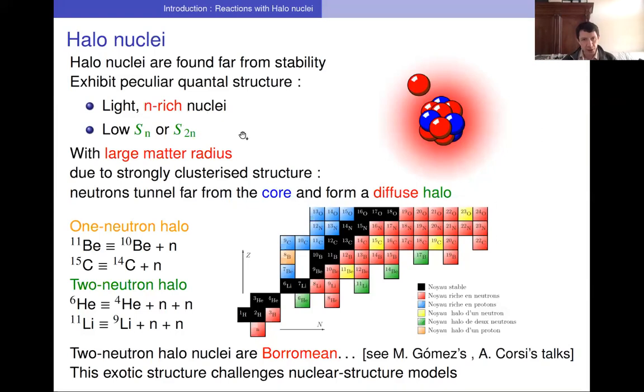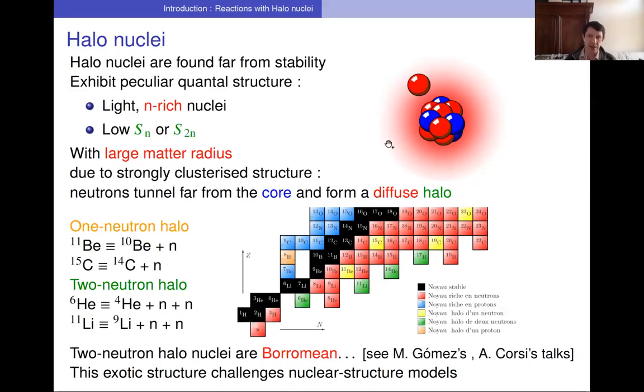And because of that low binding energy, these valence neutrons decouple from the other nucleons in the nucleus and tend to wander away from the core of the nucleus. And so through the purely quantum tunnel effect, they exhibit a high probability of presence far from the other nucleons.